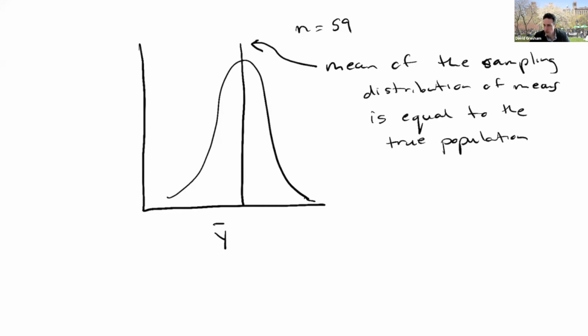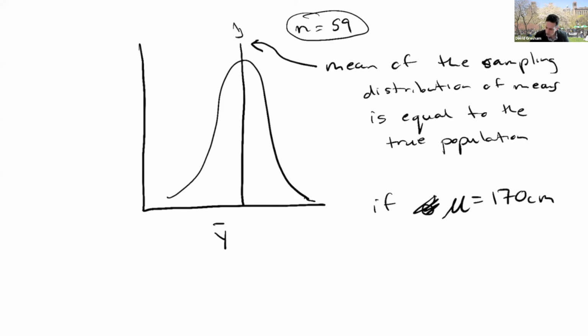So if we know that our population mean, mu, is equal to 170 centimeters, then when we do this random sampling of 59 individuals and we do it 10,000 times and get this sampling distribution of means, the most likely value that we will get is equal to mu, the population mean.